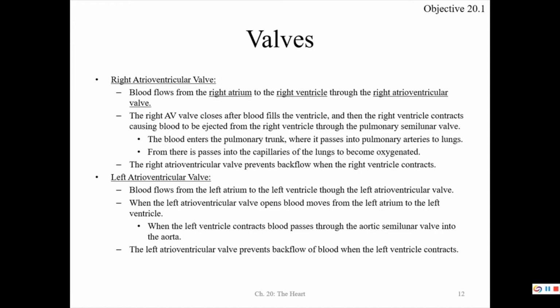The AV valves and the semilunar valves prevent blood from backflowing, either from the large arteries into the ventricle, or from the ventricles back up to the atria, referred to as regurg. These things happen, like mitral valve regurg and mitral valve prolapse.